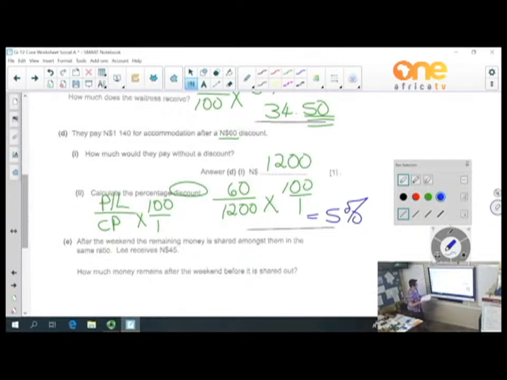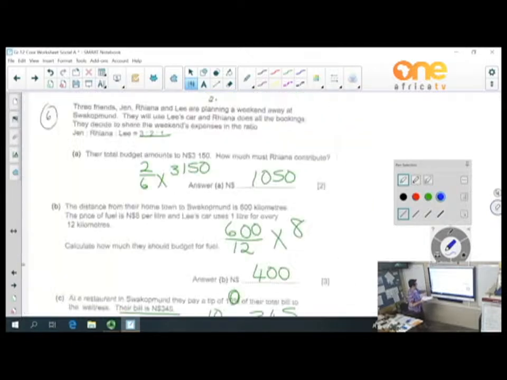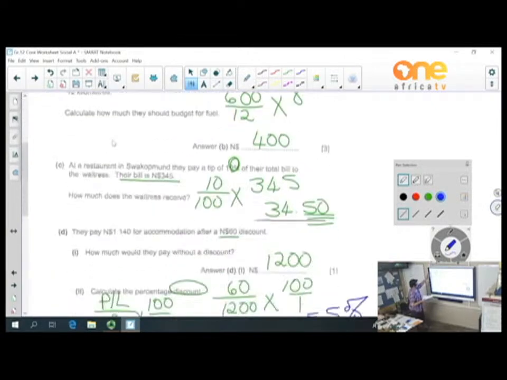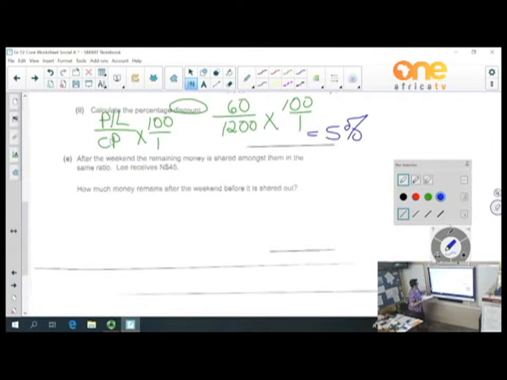Right, after the weekend, the remaining money is shared amongst them in the same ratio. Lee receives 45. Okay, here we are. After the weekend, it was in the ratio 3 to 2 to 1, and this one is Lee, the last one, and he gets 45. So how much money remains after the weekend is shared out?